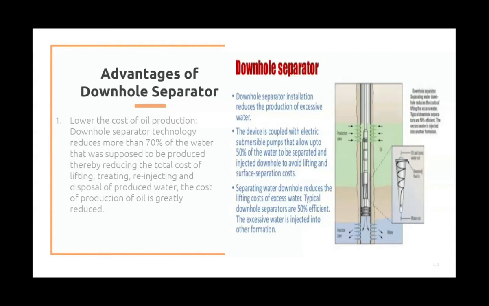Downhole separator technology reduces more than 70% of the water that was supposed to be produced, thereby reducing the total cost of lifting, treating, re-injecting, and disposing of produced water.